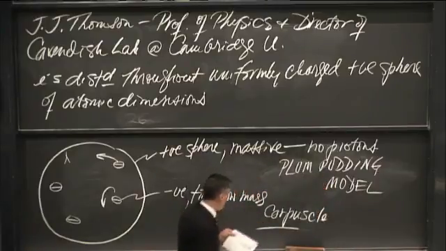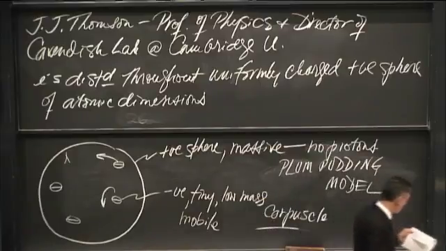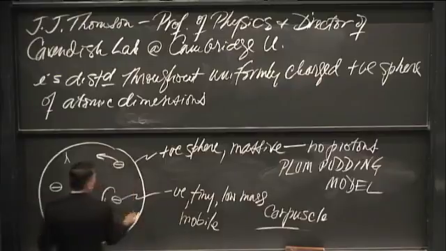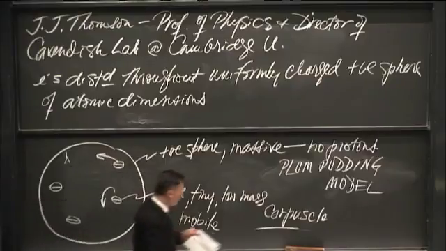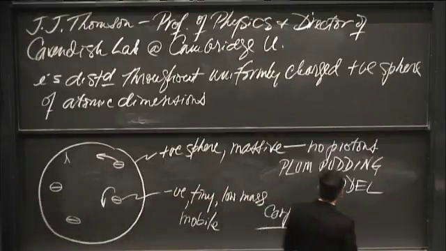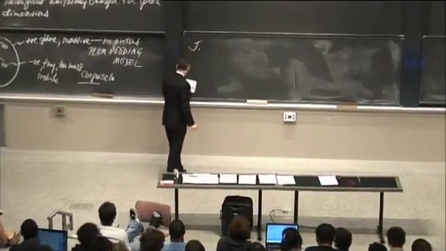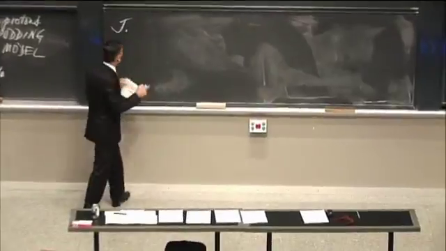He called it the corpuscle of electrical charge, whereas this is really an elementary charge, the corpuscle. And fortunately, there was another British chemist. In fact, he was an electrochemist.